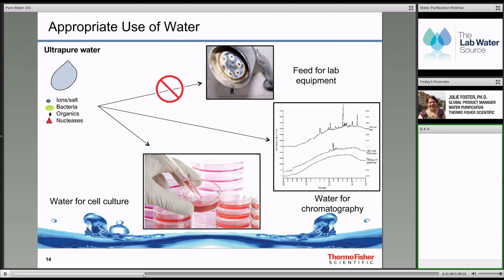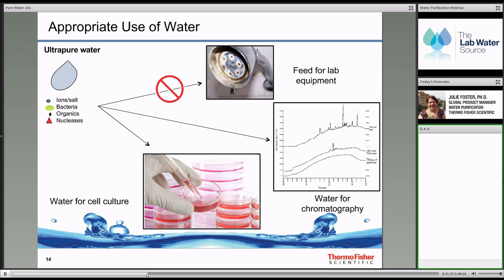Unfortunately, what happens is the ultra-pure water, because it is essentially ion-free, will react with the metal that's in the lab equipment and cause pitting and actually destroy the metal in the lab equipment. So if you have a water bath, a CO2 incubator, a glassware washer, or an autoclave, ultra-pure water is absolutely not recommended for any of those applications.